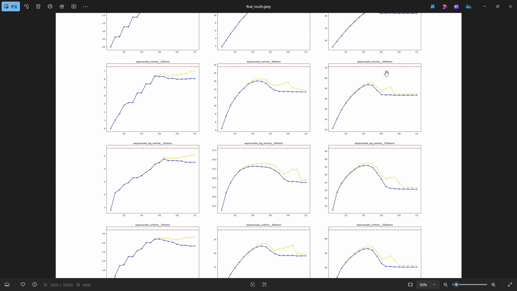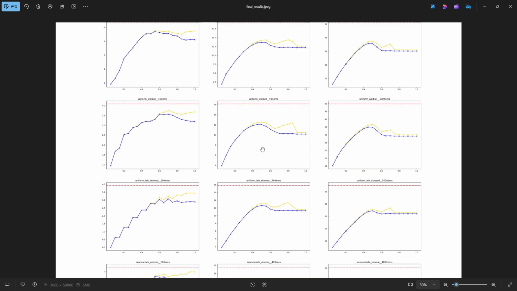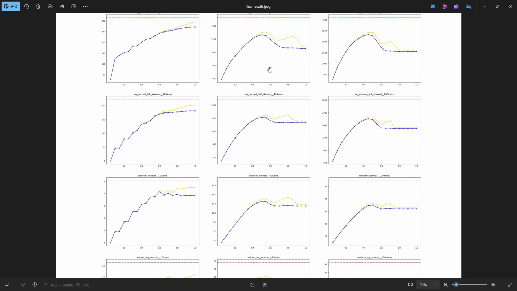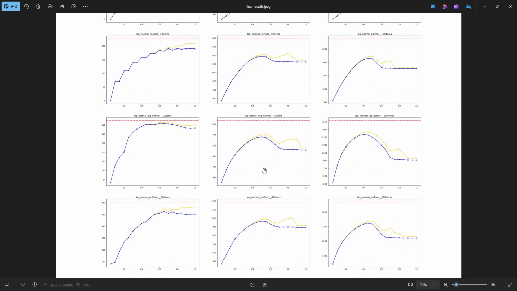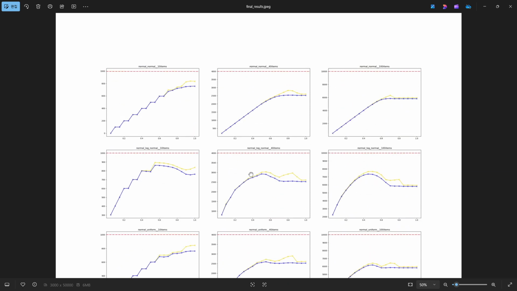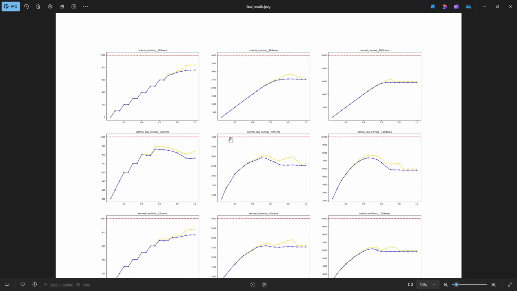Maybe not here, they're about the same, but it is still lower than when we have 10 items, speaking of exponential and normal. Yeah, it's the same across all distribution products. So I think that's safe to say.